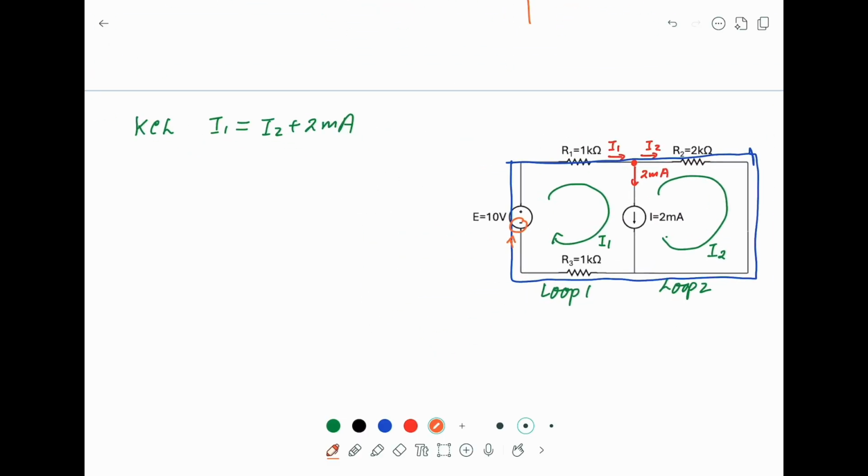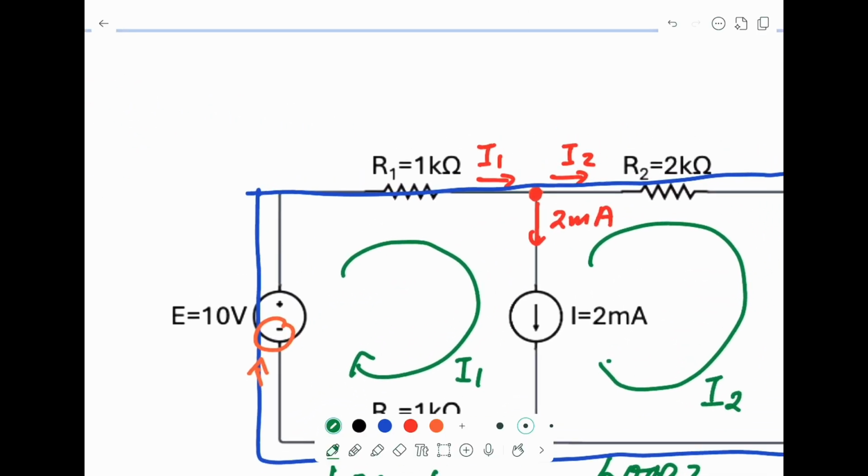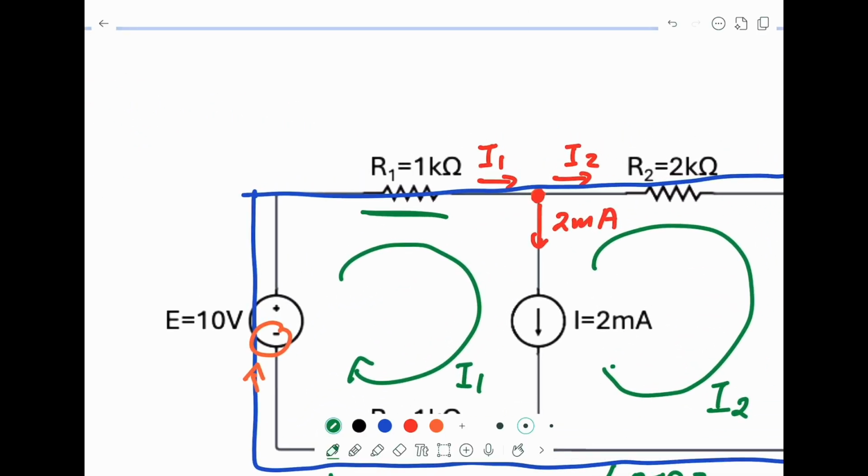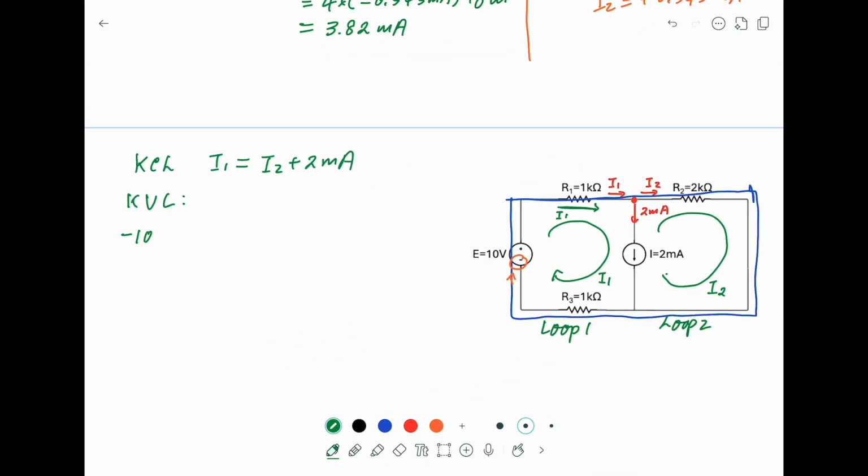So again, KVL first, and this is negative 10 volt. Here, R1, the mesh current passing through R1 is I1. So using Ohm's law, the voltage across R1 now becomes positive 1K multiplied by I1.